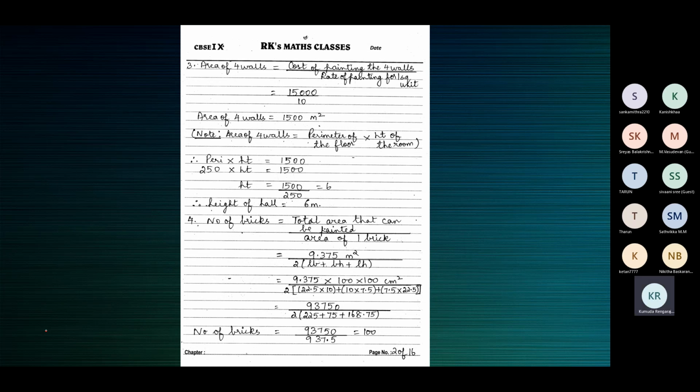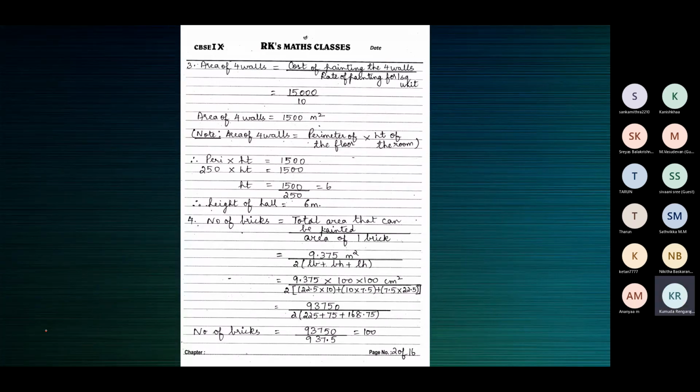So area by area, the total area that can be painted by the area of 1 brick will give you the number of bricks. And remember that the numerator and the denominator in a particular calculation, all the values must be in the same unit.